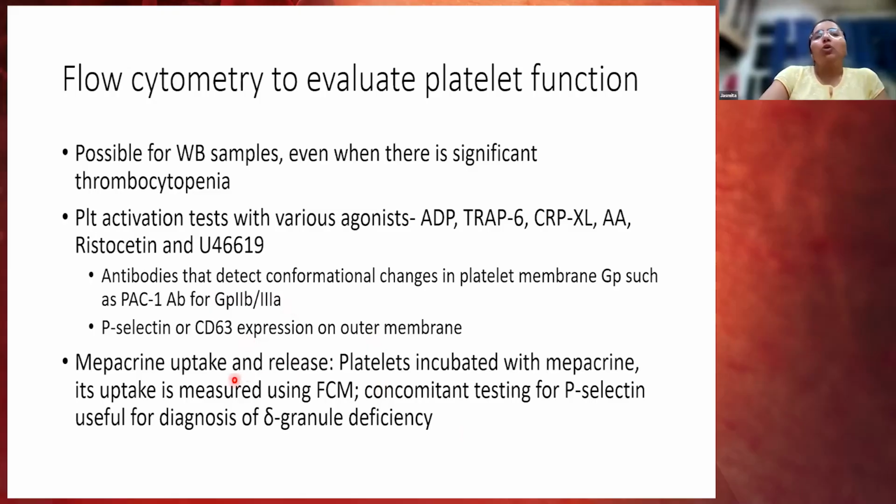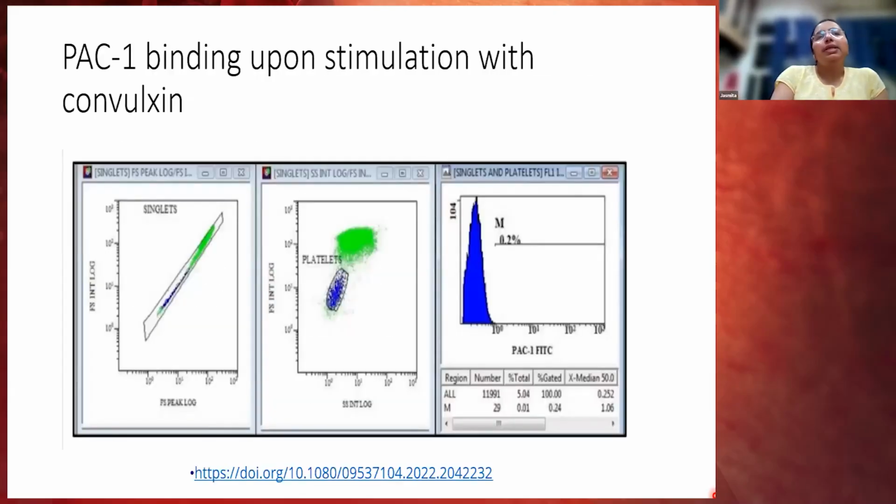For dense granule, we can also do the mepacrine uptake and release. The platelets will be incubated with mepacrine, and we can measure the mepacrine release and test concomitantly for P-selectin. So here is an example where we have the PAC1 binding. Convulxin has been used, and this was Lutfi's paper. She has shown that gating upon these platelets, upon stimulation with convulxin, you should have had a peak here if it was normal.